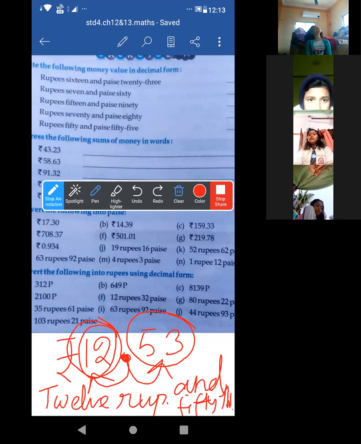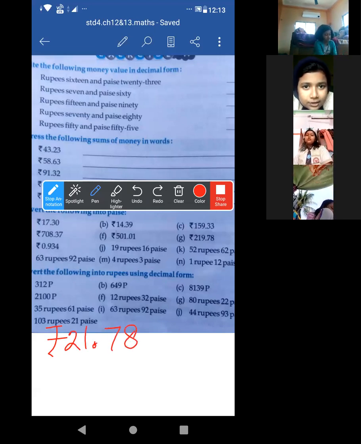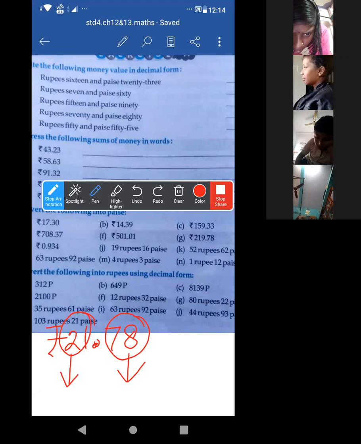Is it clear? I am explaining again. Suppose it is written 21.78. That means how much rupee? 21 rupees and 78 paise. Understood? Is it clear? Shubhangi, Shulagna, Anjum, Paushali, Trisha, Muhammad Nahid, Shoykot. Trisha, understood too?